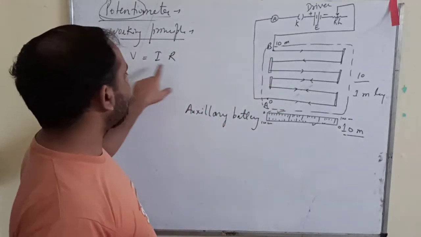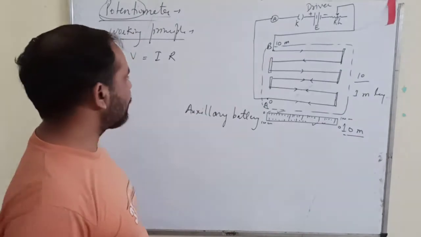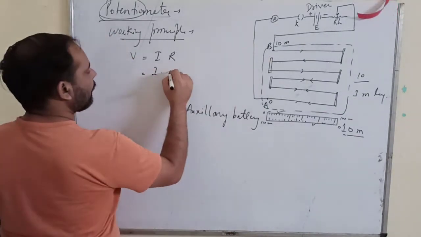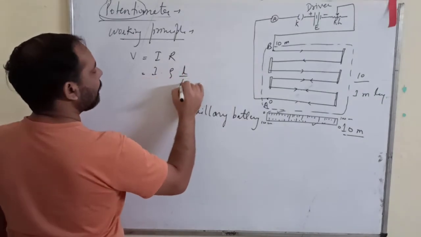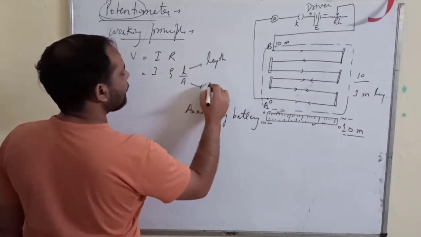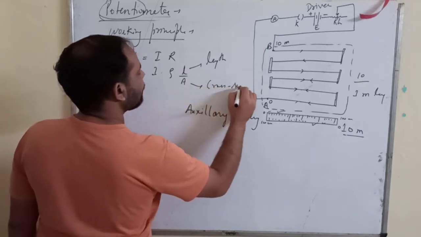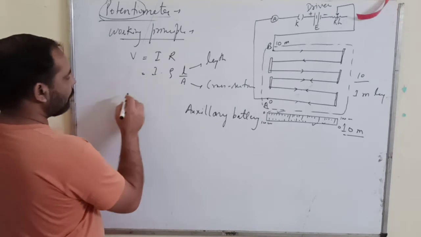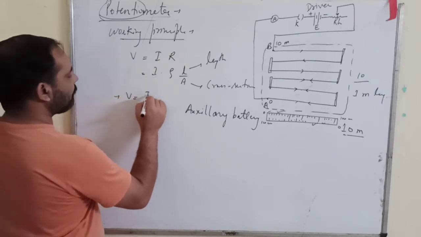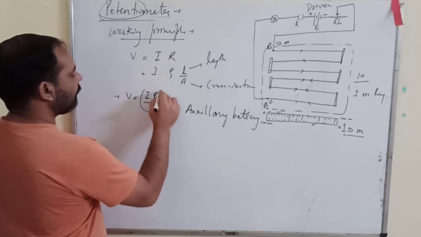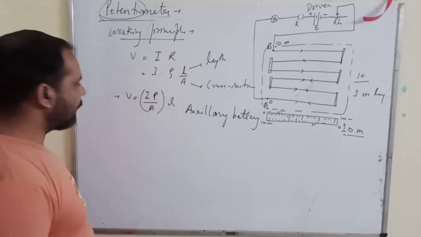So you can use Ohm's law in this condition. V is equal to IR. Then you can replace R by rho L upon A, where L is the length of the wire and A is the cross sectional area of the wire. So this implies V is equal to I rho upon A into L. You can say like this.